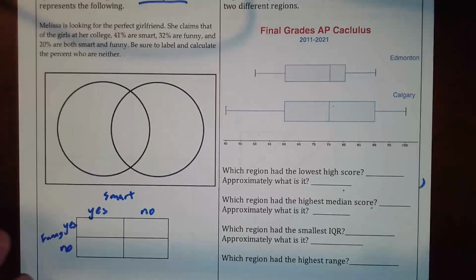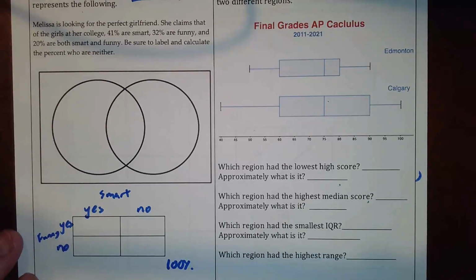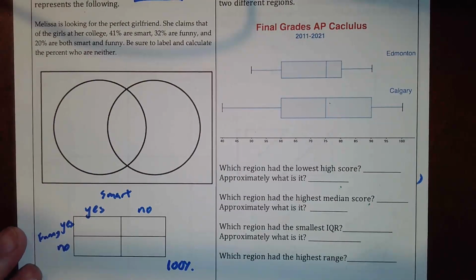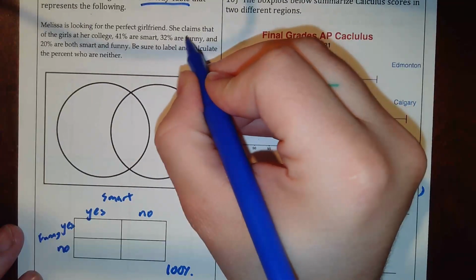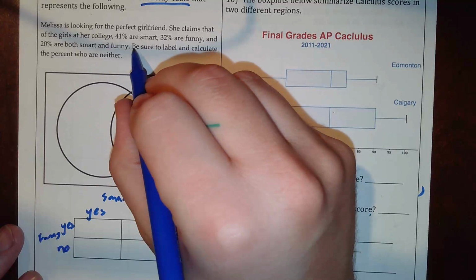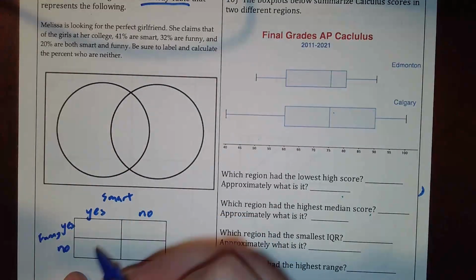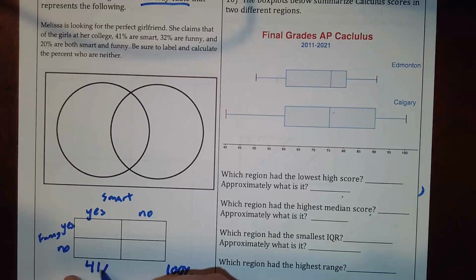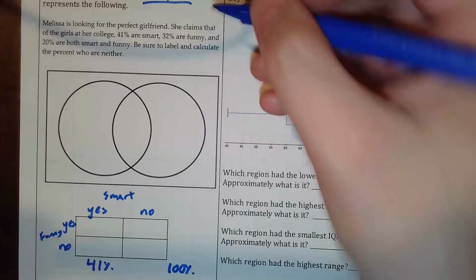According to this, out of the 100% of people that she knows or is looking at as potential partners or friends, girlfriend, she claims that of the girls at her college, 41% are smart. Yes to being smart. 32% are funny.